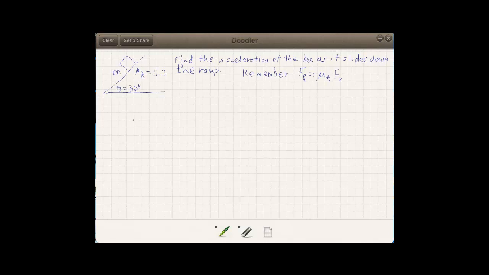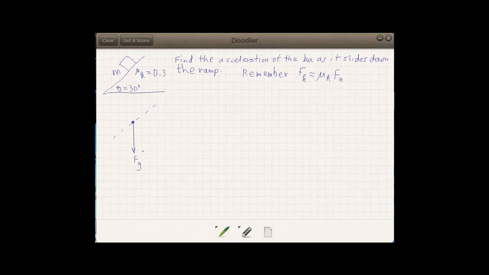And so that free body diagram we're going to draw separately and make the mass, the box, a big point. We'll show the ramp with a dotted line here and draw all the forces that are acting on the box on this diagram. The first one that we know about is the force of gravity pointing straight down, F sub g.